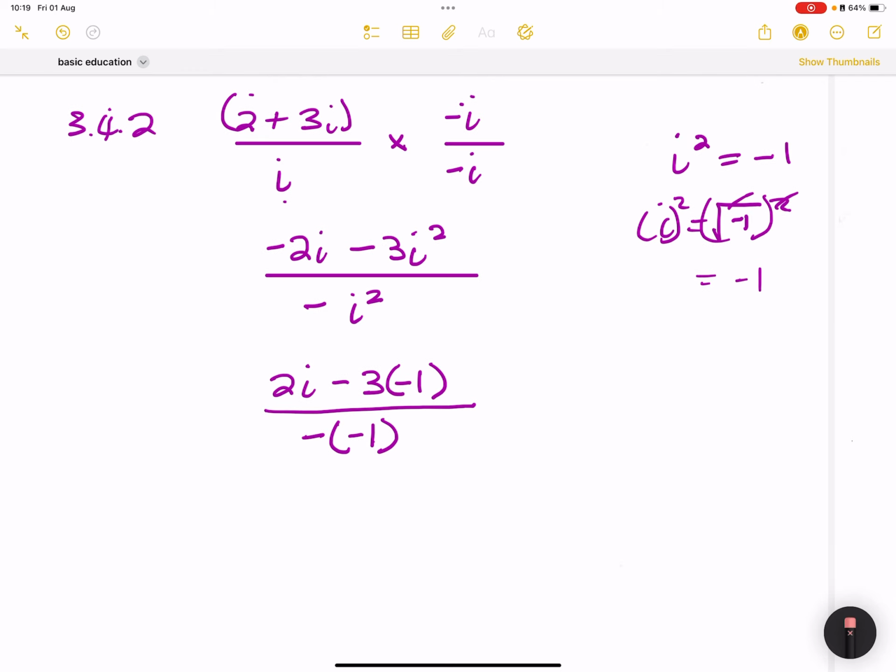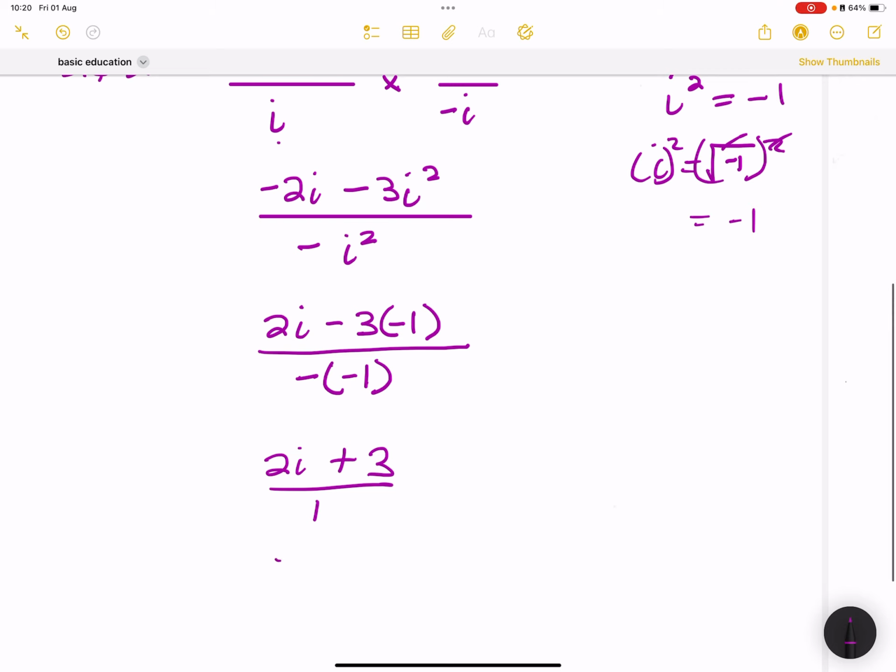And in this case, you've got minus 2i plus 3. A negative times a negative is a positive. This is all divided by 1, which simply gives you 3 minus 2i. Right, and that is the simplified version of what we had over there.